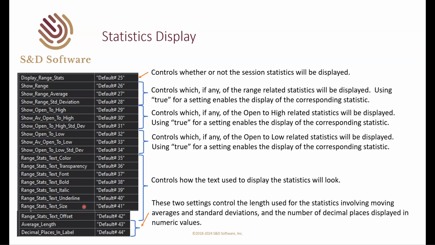The size is a big one. There's also the offset, which allows you to move the label away from the session box and give you some more space between the text and the session box.